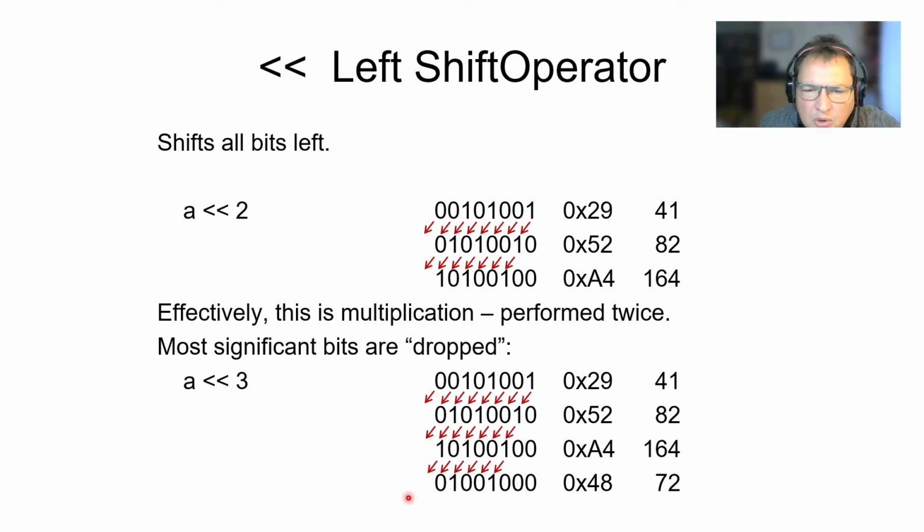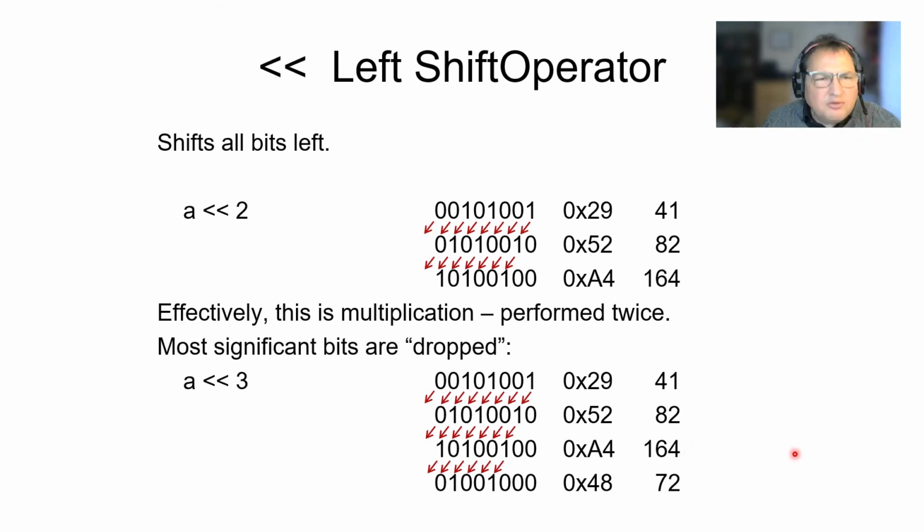And also please look what happened with our decimal values. 41 became 82, became 164, became 72. So this is numerical overflow, and left-right shift operators do not check for any errors, any numerical overflows. So it's a fast way to get multiplications of a number, but also not the safest way.